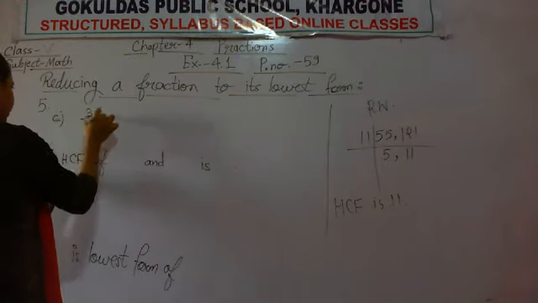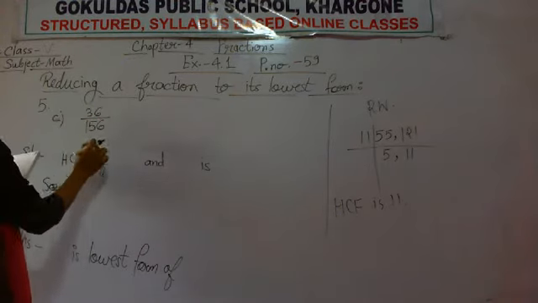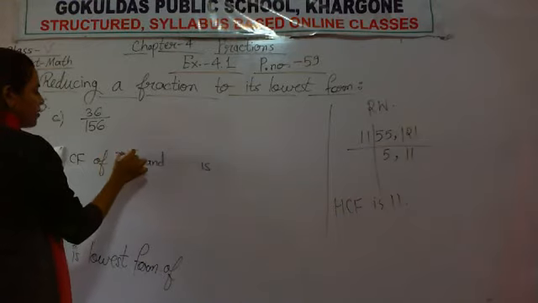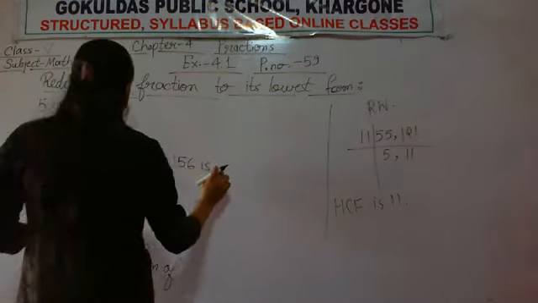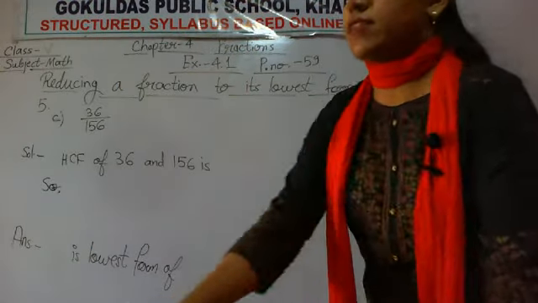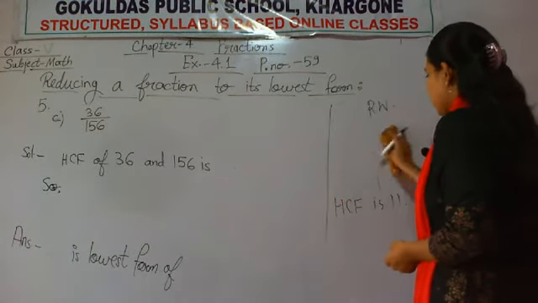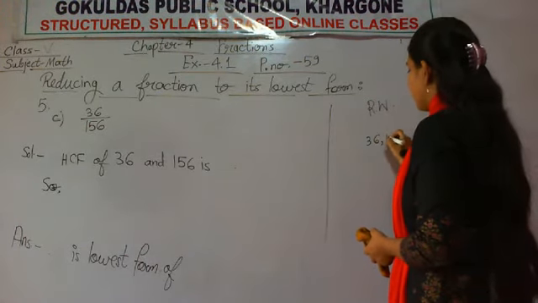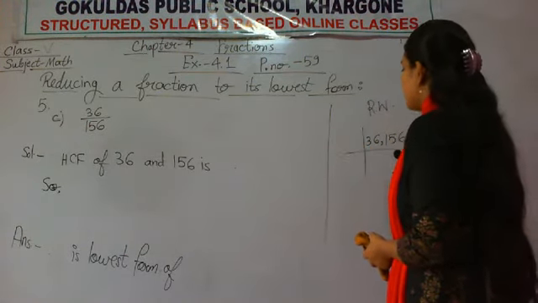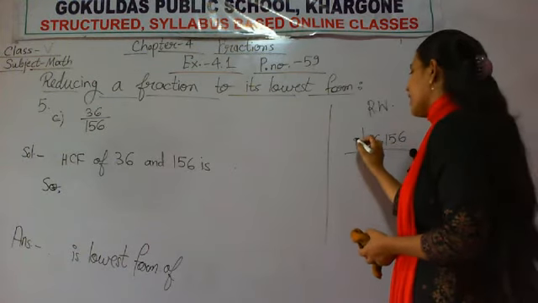36 upon 156. So we will find the HCF of both 36 and 156. What will be the HCF? That is found in rough work. 36 and 156, both are even numbers, so I can divide by 2.